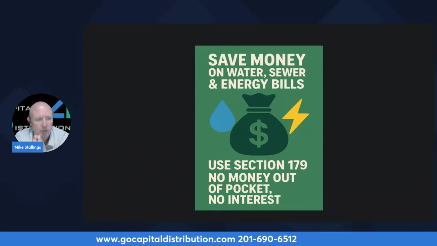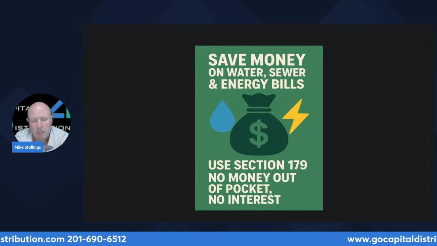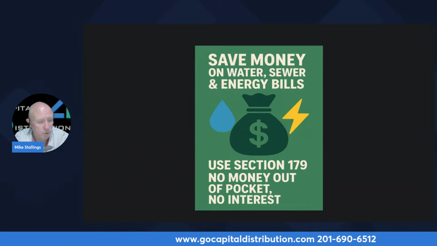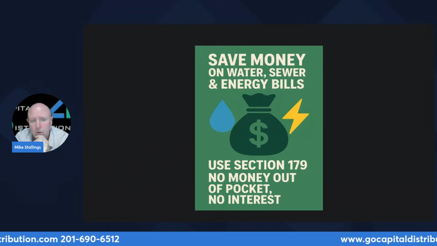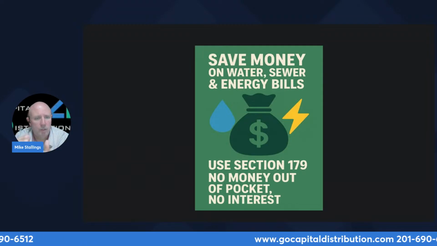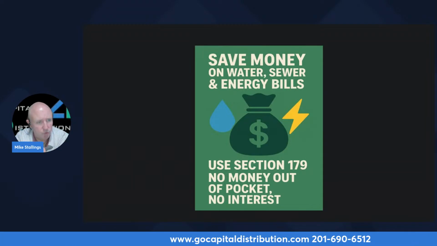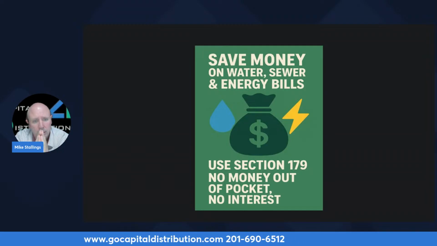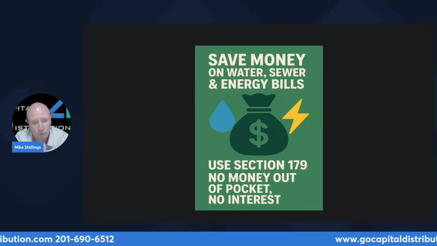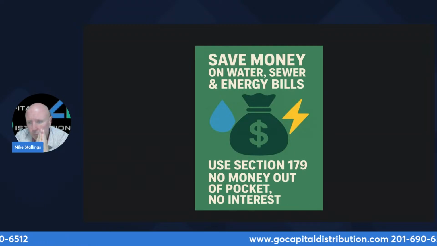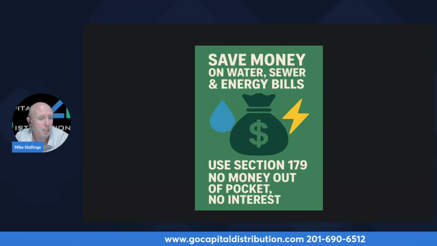Mike had mentioned the benefits of 179 and the power of combining that with 0% financing, giving you not only the ability to save on your tax dollars, but also 24 months of flexibility to spread the payments out over time, even though you're taking the 179 deduction right away. But what if you could not only save on those two sides of things, but also save money on your water, sewer, and/or energy bills, while utilizing Section 179, putting no money out front and not paying any interest?